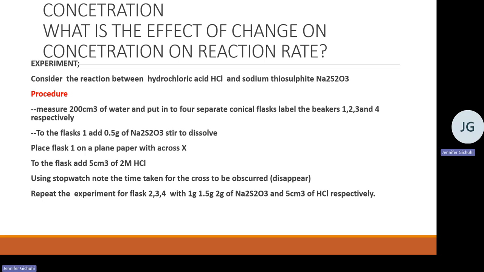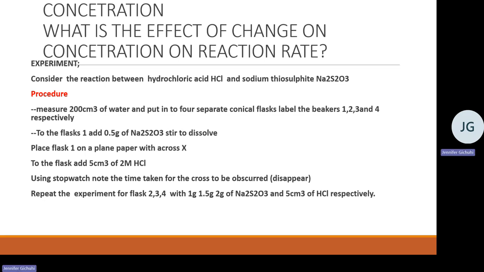And when the sulfur is produced, it continues covering the cloth on the paper. And that is why at some point we no longer can see the cloth. So we are going to measure the time at which enough sulfur is produced just to cover the cloth so that we can no longer see it.